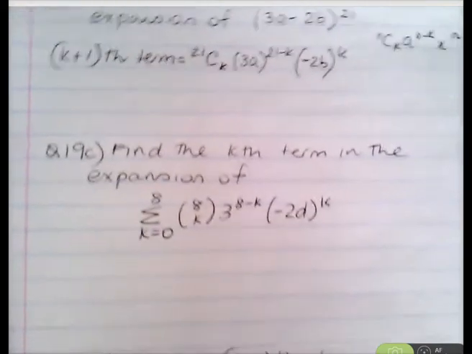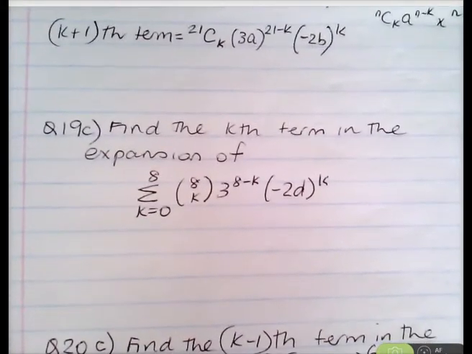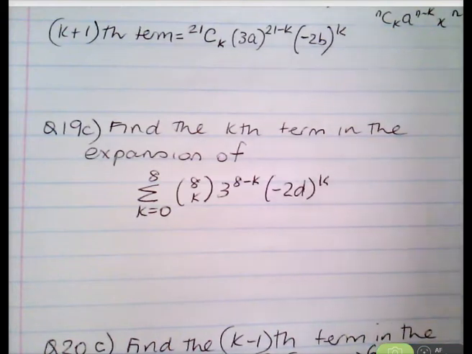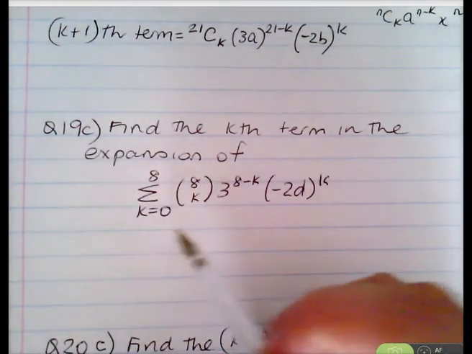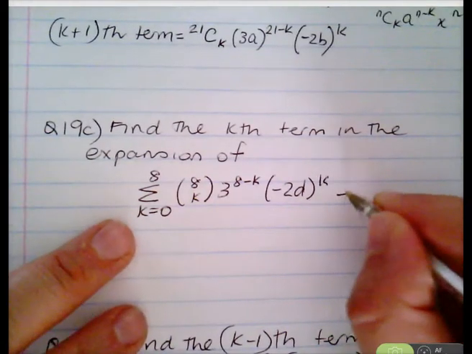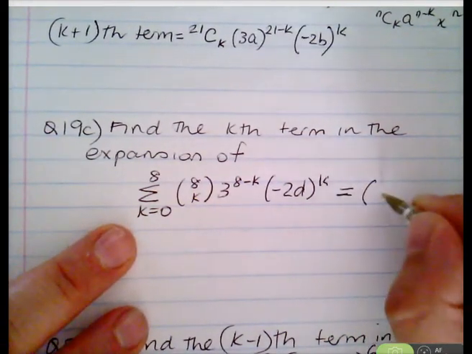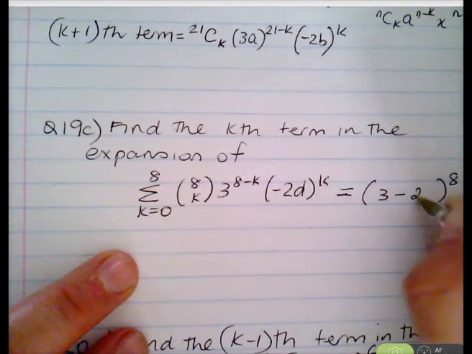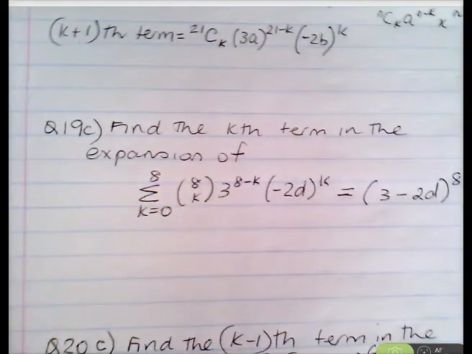Now, for question 19c, if you're looking for the kth term, we're then going to have k minus 1 in this case. So this is question 19c, find the kth term in this. I'm just going to write it as the binomial product, and it will be (3 minus 2d) to the power of 8.